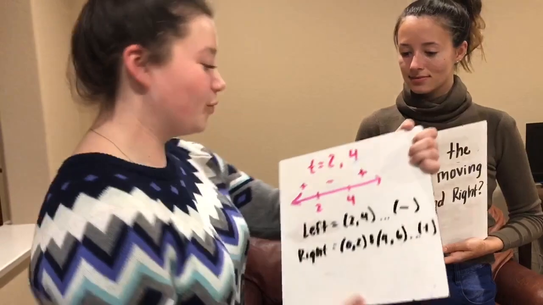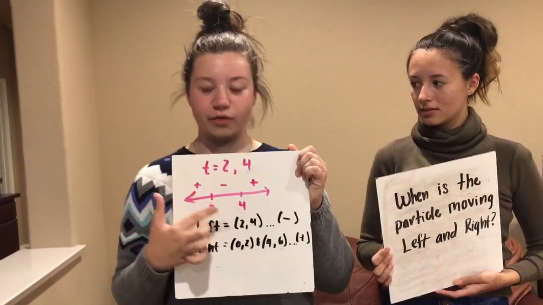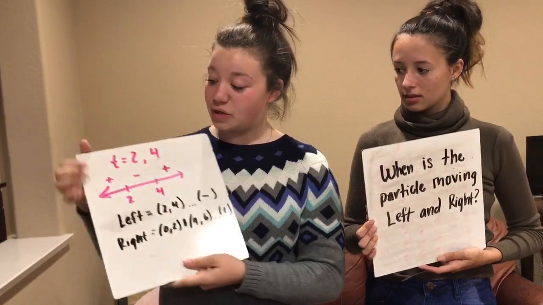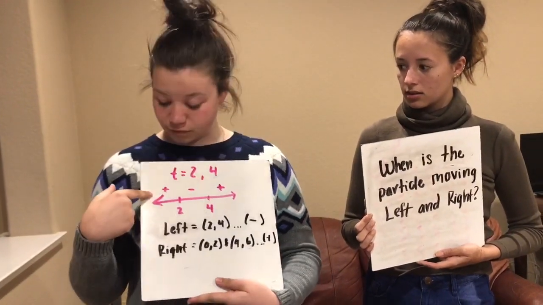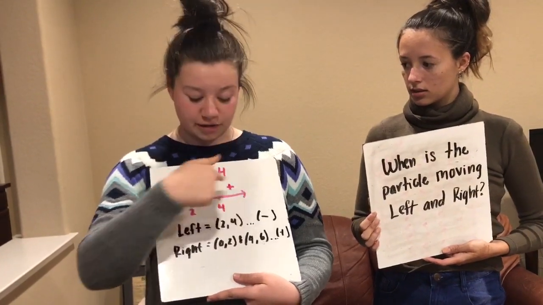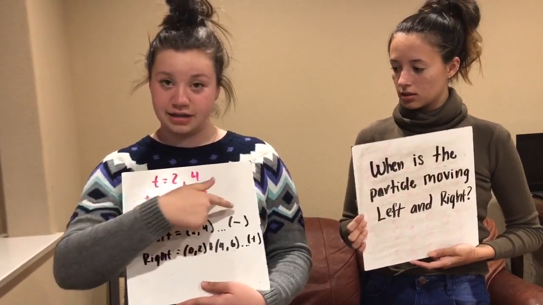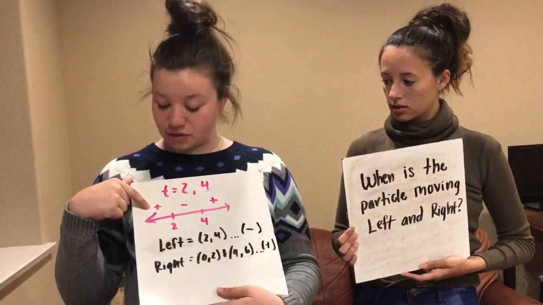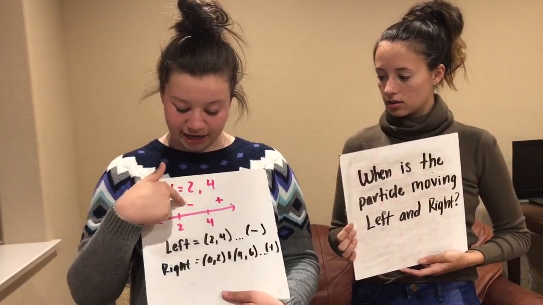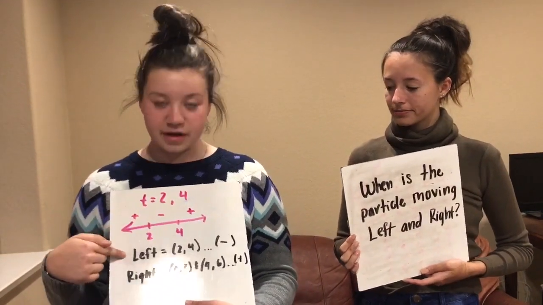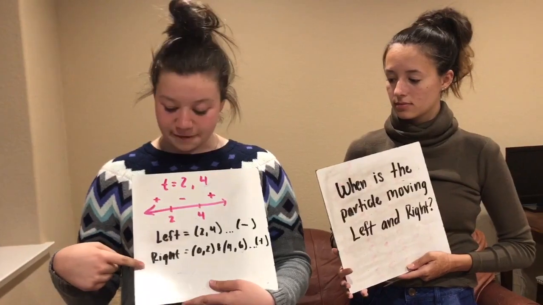So when you're solving for this, you put 2 and 4 on a number line, and Pearl and I substituted in numbers like -1, 3, and 5, which are numbers along the number line in between or beyond. For these numbers, when they were substituted in, we got a positive number here, a negative number here, and a positive number here. This is what we use to solve if the particle is going left or right.